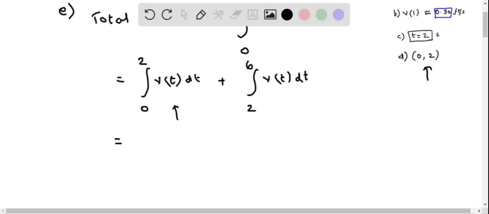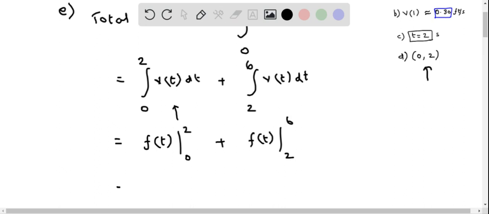We know that v of t is the derivative of the position function. So the antiderivative of velocity function is going to be the position function. That is, this will be f of t. This is evaluated from 0 to 2 plus f of t, which is the position function, from 2 to 6.